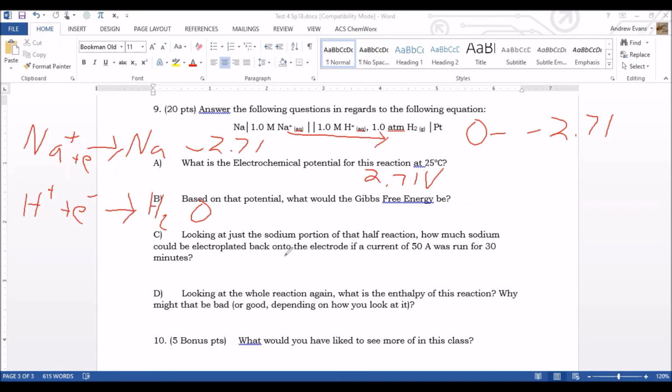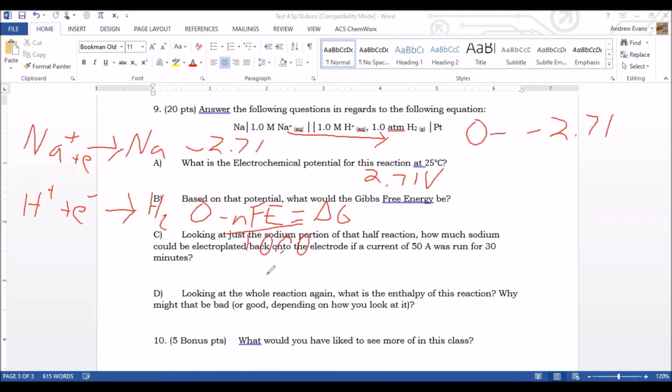Based on that potential, what would be our Gibbs free energy? This will actually depend on how many electrons you say are transferred. Based on how this is written, you could say 1 electron or 2 electrons. I'm going to go ahead and say 2 electrons. Delta G is equal to negative nFE divided by 1,000.